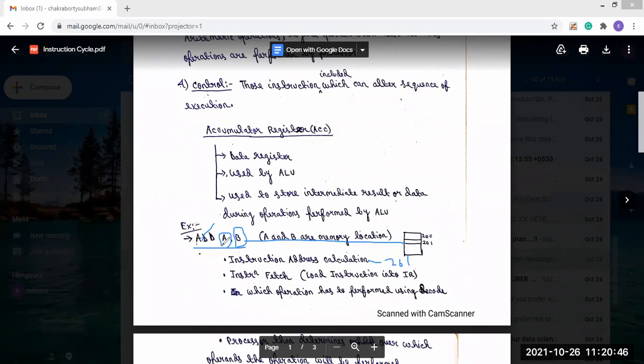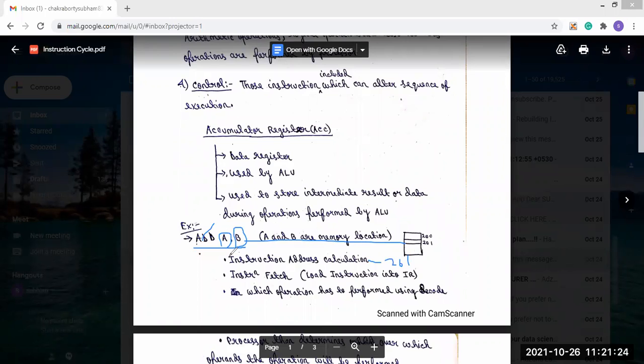In the memory locations A and B, the data stored in A and the data stored in B, between that data the addition operation has to be performed. So the processor determines in this step on which data the operation should be performed. This is the fourth step.